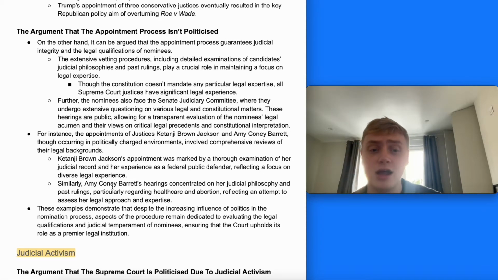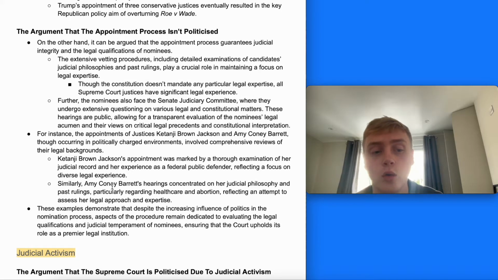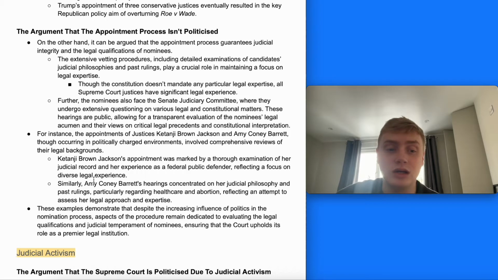And these demonstrate that, despite the increasing influence of politics in the nomination process, aspects of the procedure remain dedicated to evaluating the legal qualifications and judicial temperament of nominees, ensuring that the court upholds its role primarily as a legal institution.